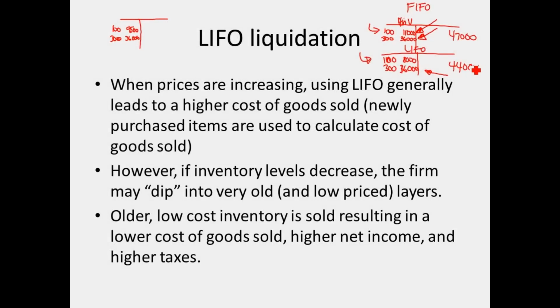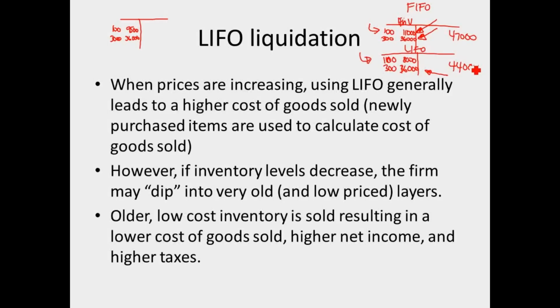You're basically timing your purchases and liquidating the layers so that your income appears higher this year. Now, if you decide you're not going to be in this space anymore and you want to liquidate your inventory, it's unavoidable if you're using LIFO.